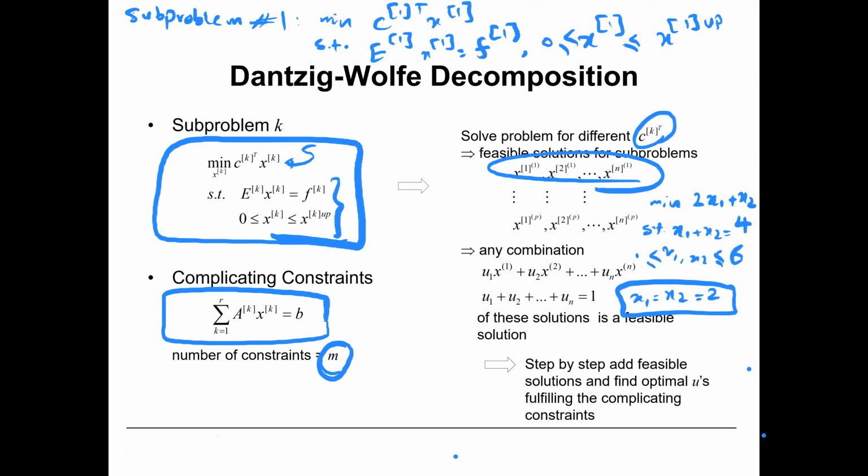So if I choose x1 equal to 2, x2 equal to 2, sum of them is going to be 4, which satisfies this constraint. Also, x1 and x2 satisfy the second constraint, which is they should be between 0 and 6. So we find sets of feasible solutions for each of the subproblems. That's the very first step in decomposition.